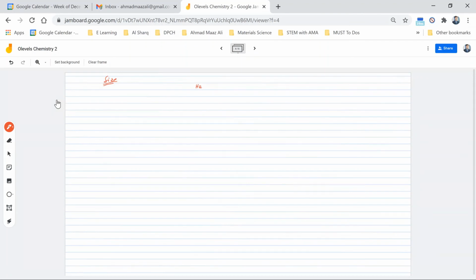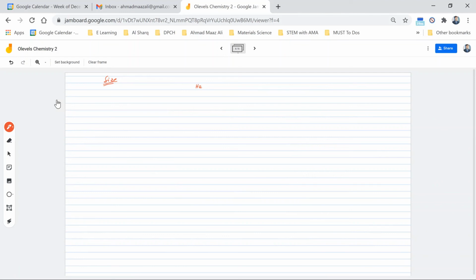Okay. So yeah, let's talk about the size of these noble gases. And basically, this is true for all the groups and for all the elements. What happens to the size of an element as we move down the group? Who can tell that? Will it increase or decrease?